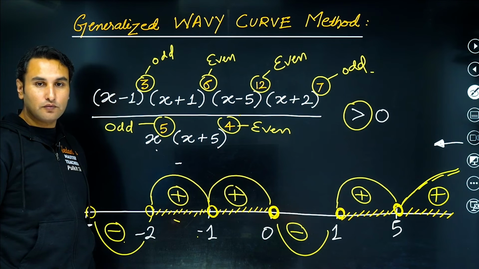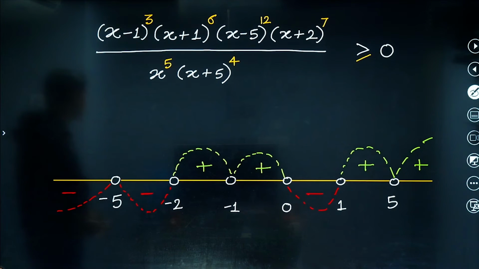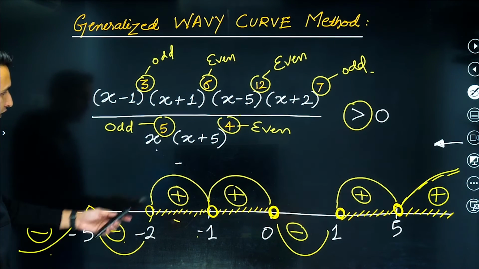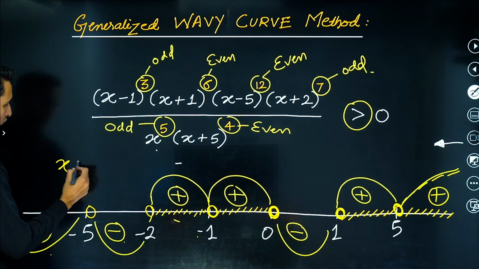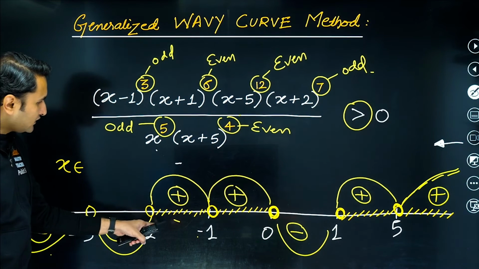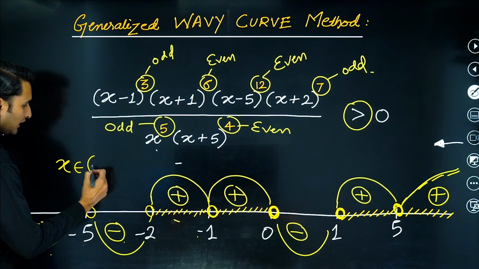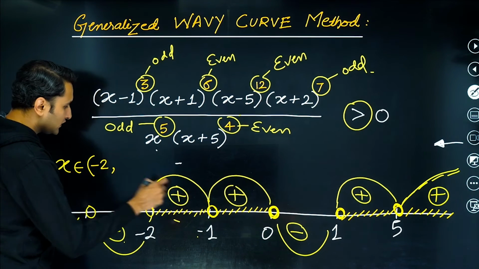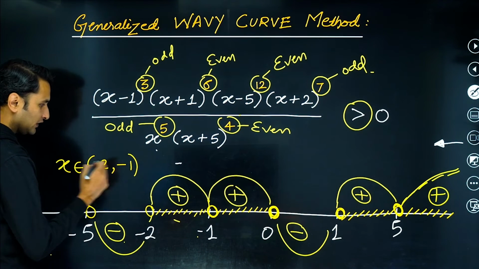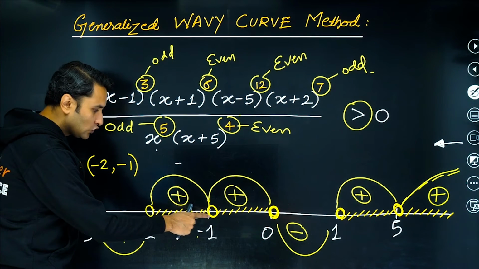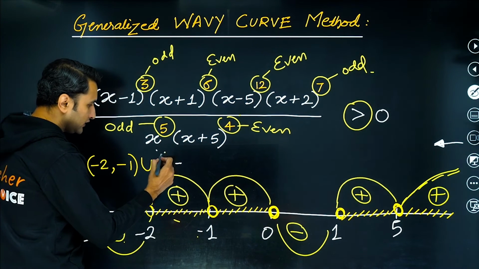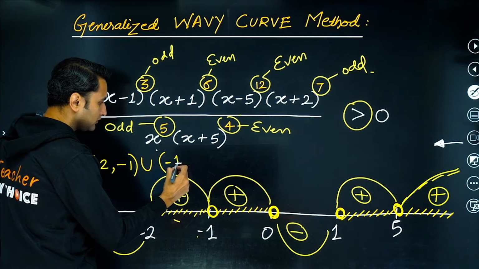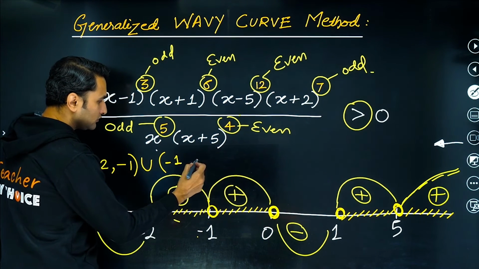So how will you write the answer? Let's write the answer. For greater than 0, the answer will be x belongs to minus 2 to 0. Stop at minus 2, everywhere open. Minus 2 to minus 1, open. Go from minus 2 to minus 1, stop, because I cannot include minus 1. Union, start from minus 1, go till 0, stop.